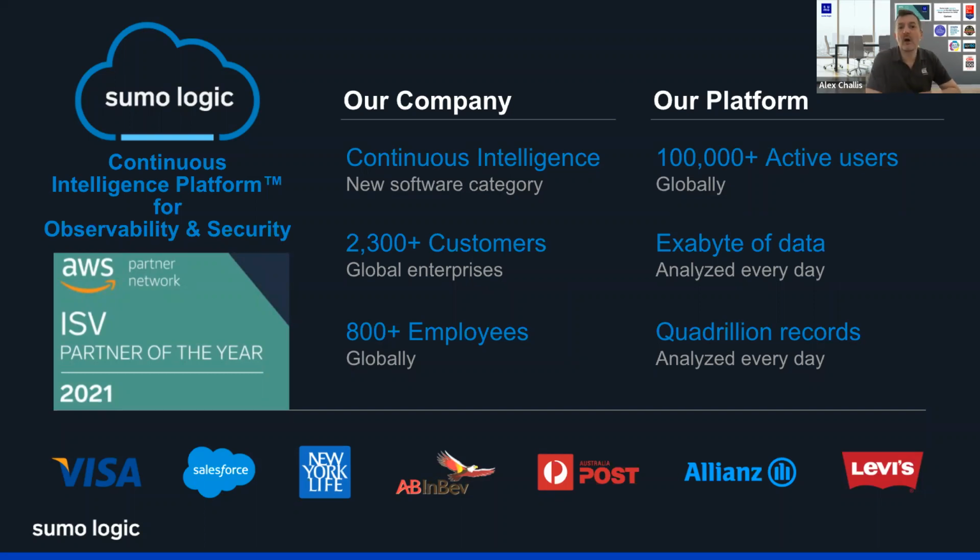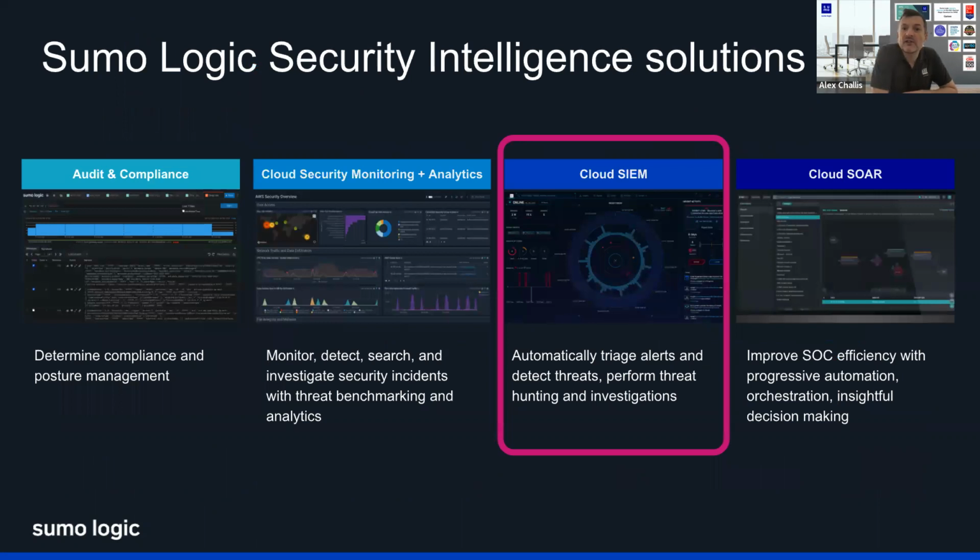So we have more than 100,000 users using the platform across the globe. Using our continuous intelligence platform, Sumo Logic offers a broad range of solutions that you see on the slide here, ranging from audit and compliance all the way to our Cloud SIEM solution.